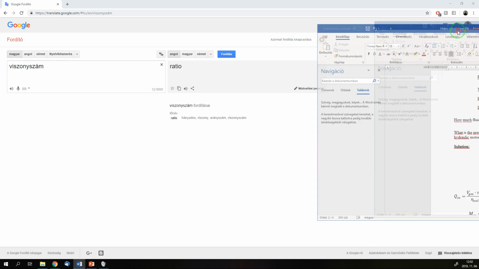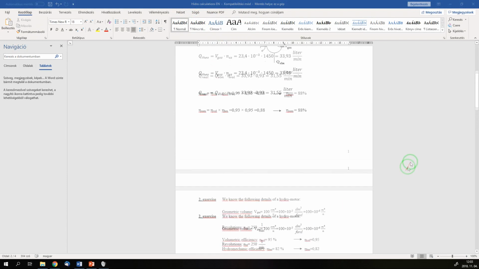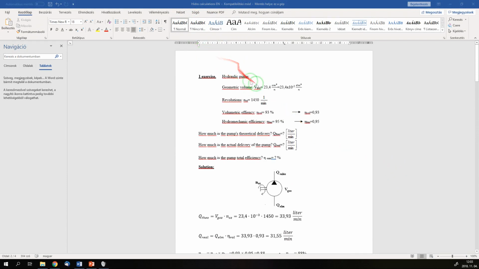So we will use this little sheet here. We have a hydraulic pump which has a geometric volume of 23.4 cubic centimeters per revolution. The revolution which is provided by the motor is 1450 1/min.